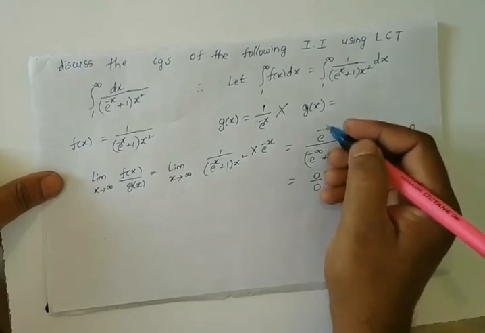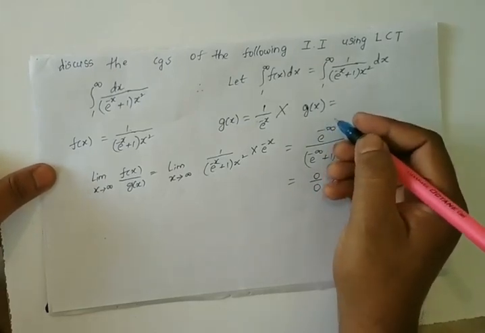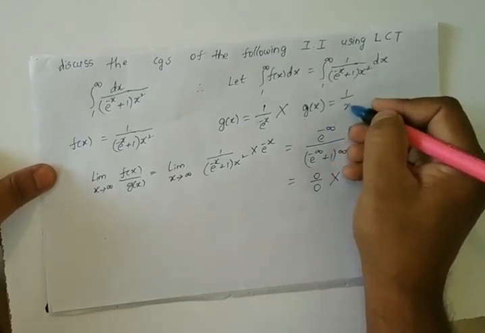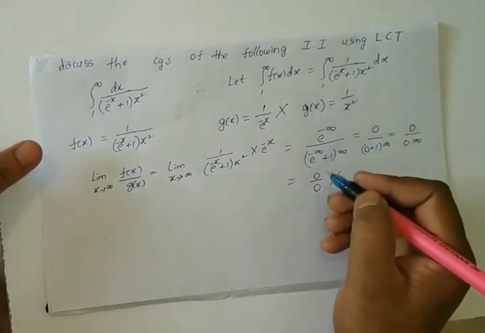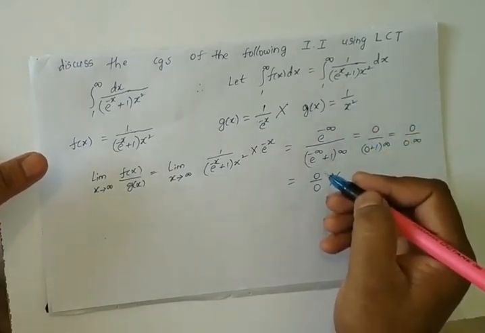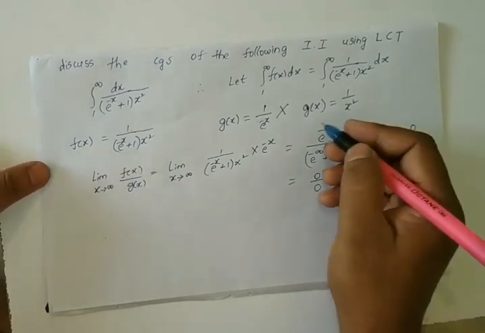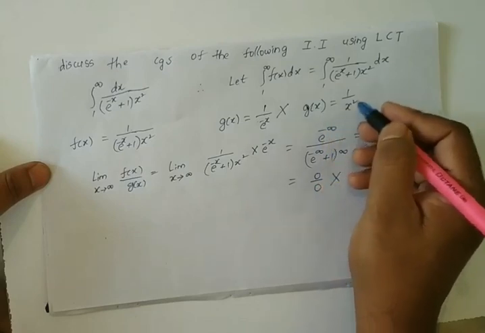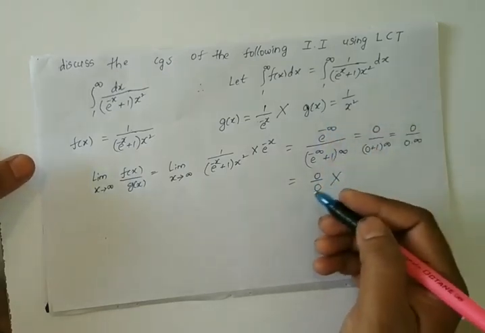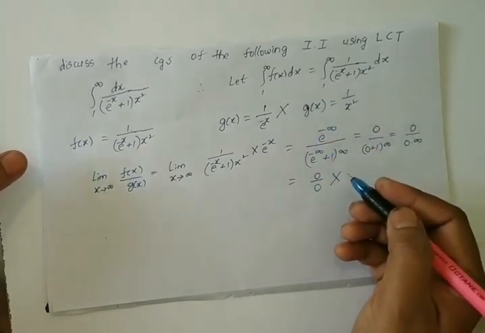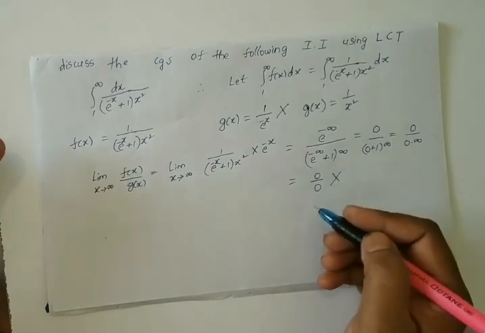So here I am taking another function g of x as 1 by x square, because the denominator of the function f of x has x square and e power minus x. Now let us check the limit as x tends to infinity of f of x by g of x.